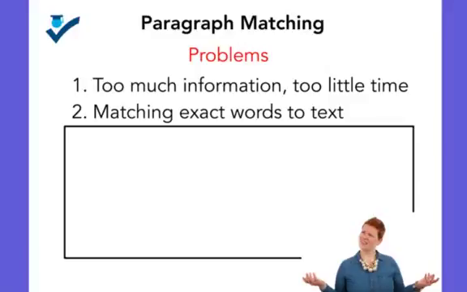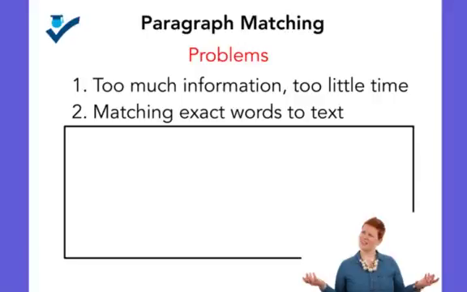So you need to make sure that you do not fall for the trick of looking for the exact word or words from the headings and try to match them in the text, because quite likely you're not going to find the exact words in the text itself. You're most likely going to find a similar expression, a phrase perhaps, or a synonym, but very, very unlikely the exact word.